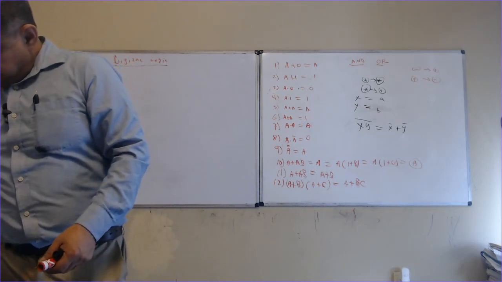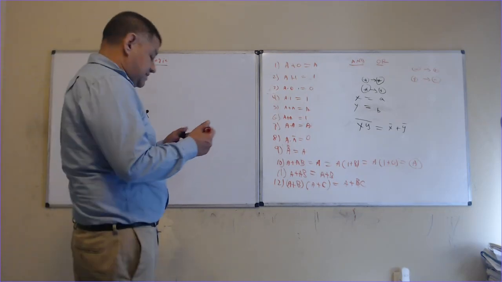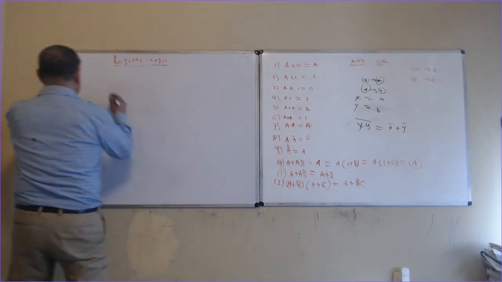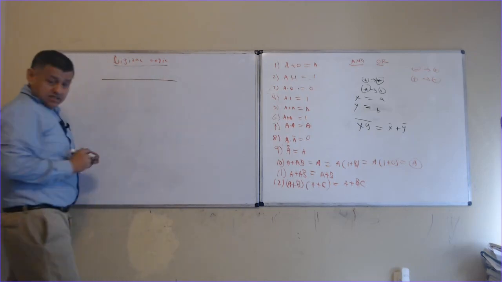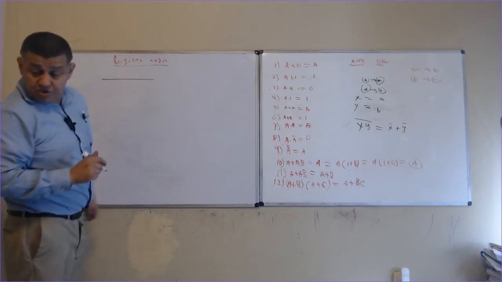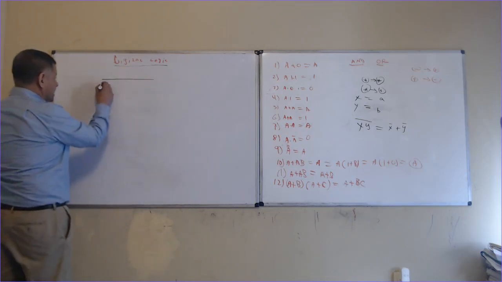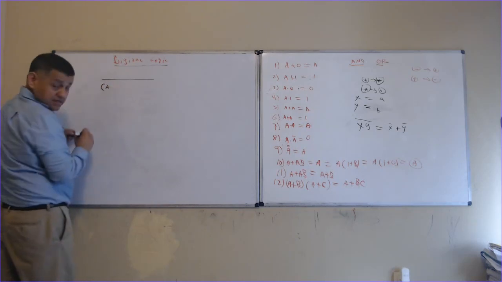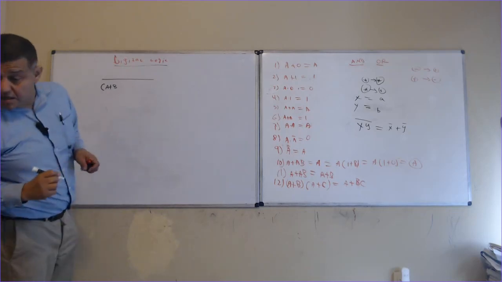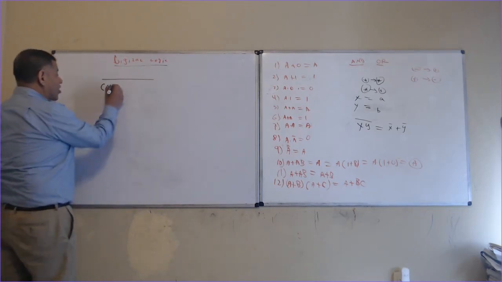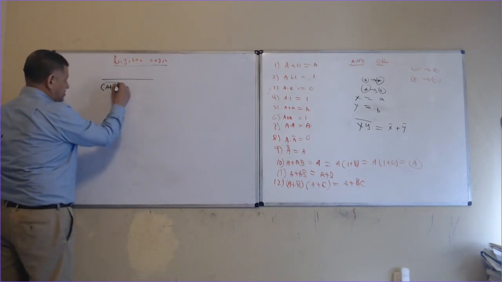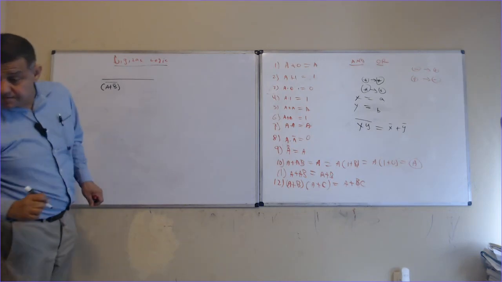We will do a problem that is the following. The problem is we have a bar like this, and then we have two expressions. We have a plus b inside, and then we have a bar over here, and we have a bar going above the two. We have a parenthesis.